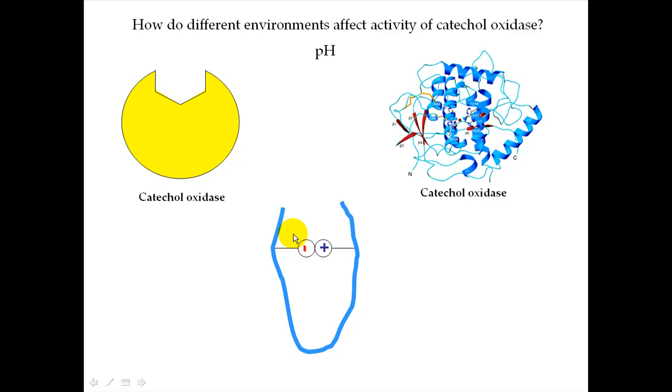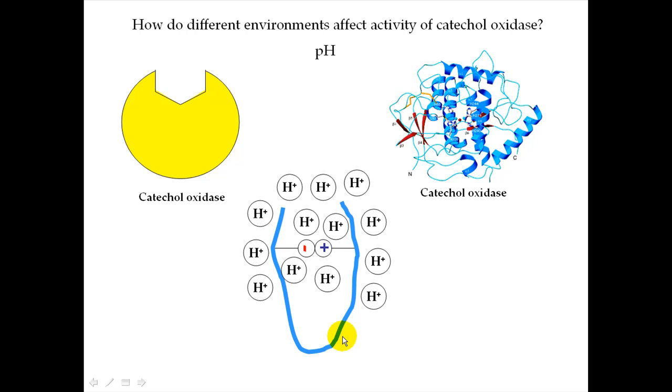If we're going to just focus on this particular example, how would placing this particular protein in, for example, a really acidic environment affect its ability to fold properly? Remember that if an environment is really acidic, what that implies is that there's a whole bunch of free protons floating around.